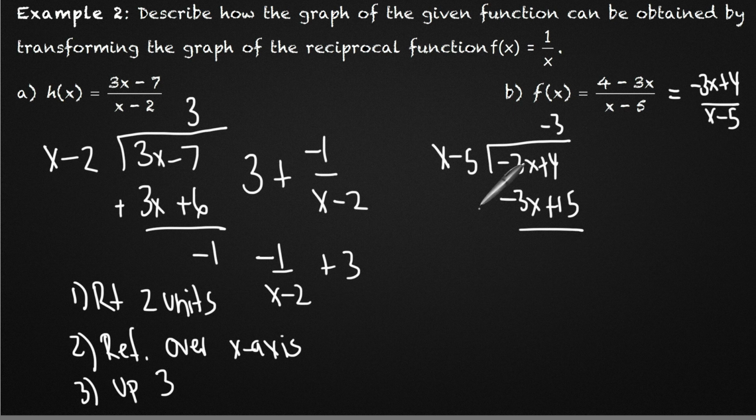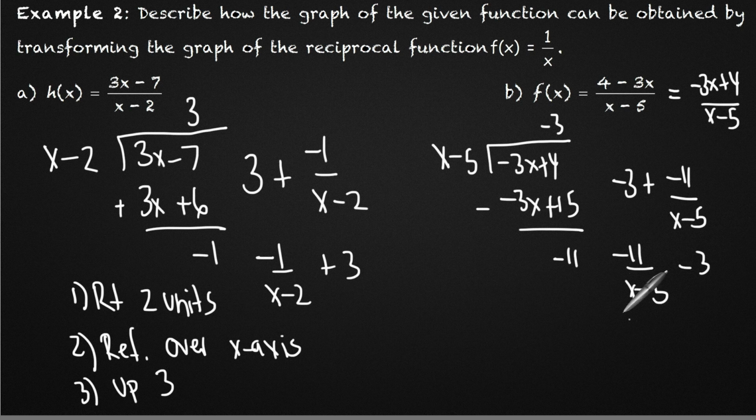I'm going to have 4 minus 15, which is basically going to give me a negative 11, so you've got to be careful here. So we're going to end up with negative 3 plus negative 11, the remainder, over x minus 5. I like to rewrite it this way, negative 11 over x minus 5 minus 3. That way I can see all the transformations. So here we have a right 5.